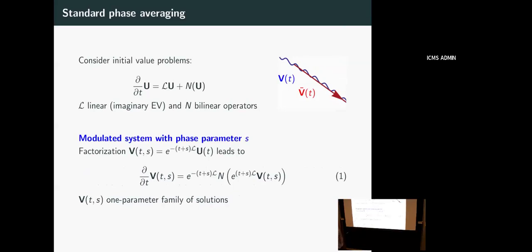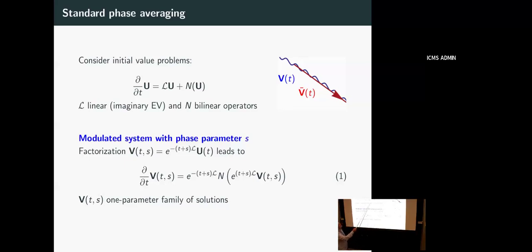I write it like that, and Juliane already explained that what we have is the modulated system. When you look at a solution of the original system, you would somehow see something mixed, where the oscillations are kind of entangled. In my numerical part I will show that this is actually what we see and what we want.